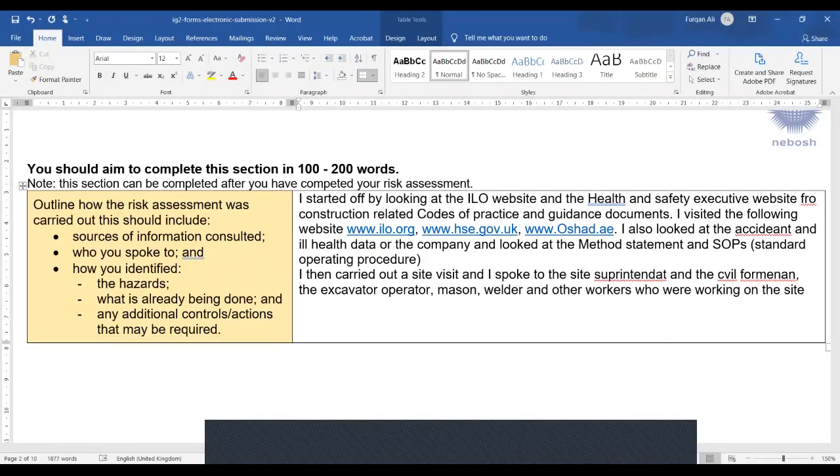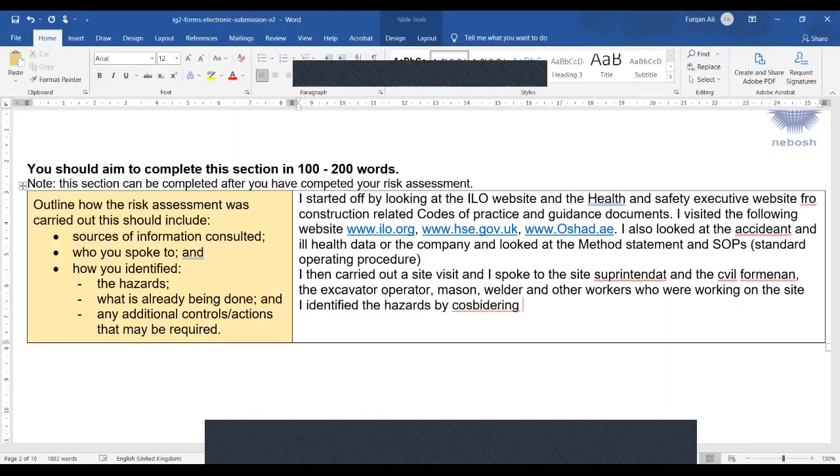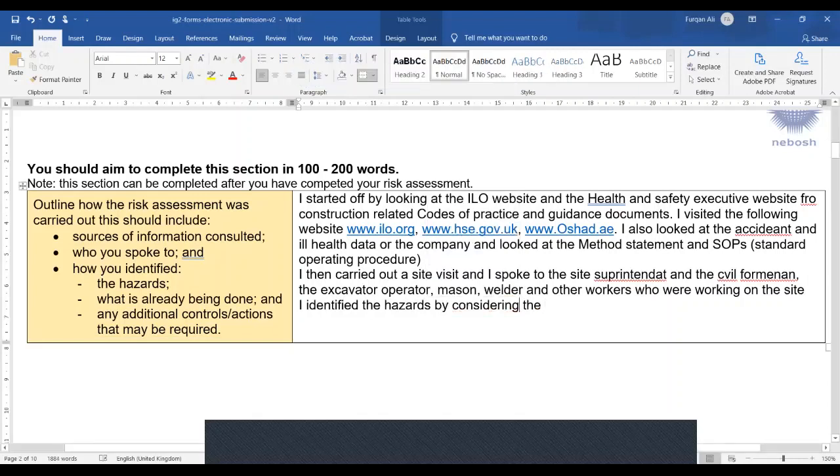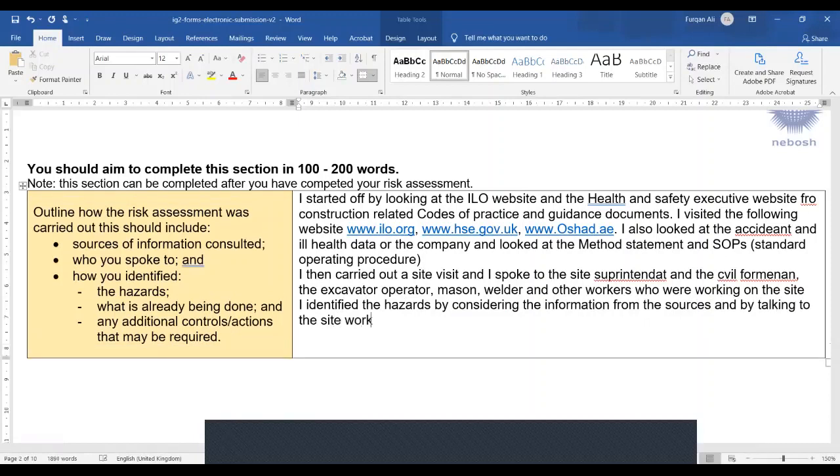Now, how did you identify the hazards? I identified the hazards by considering the information from the sources and by talking to the site workers and observing the activity being performed.